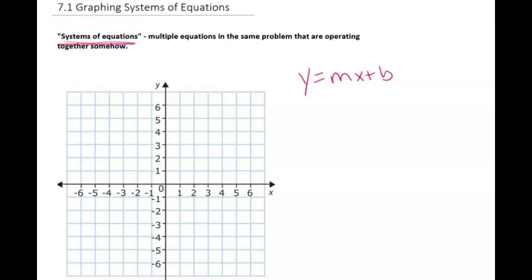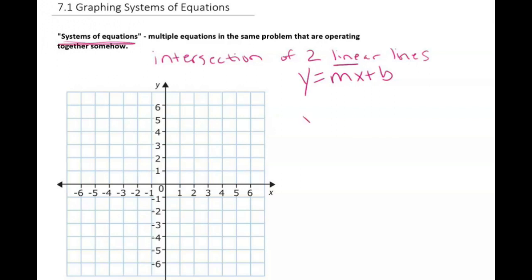And for our purposes, what we're looking for is the intersection of 2 linear lines. Remember, linear has that root word line in it. All right, and in order to be able to do that, basically we need 2 functions and then we need to graph them and see when they intersect.